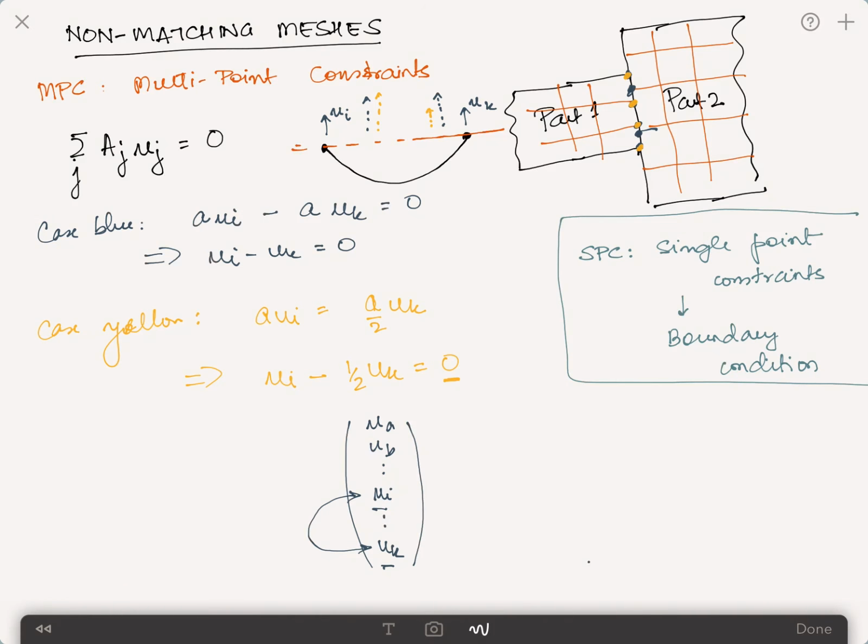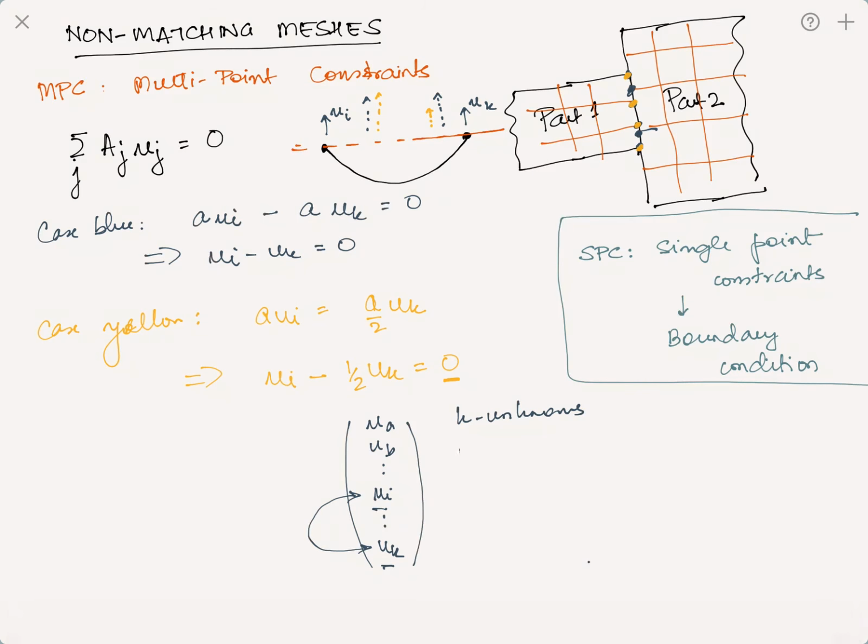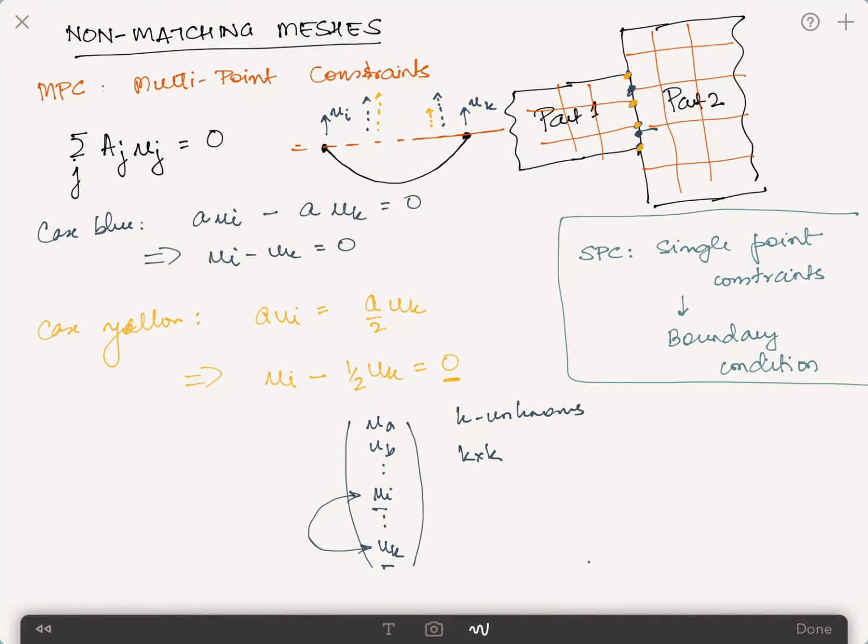But always remember that if I started with a system which had k unknowns, then I also have a stiffness matrix which is k by k. And I also have a force vector of size k by 1. Right? So this is the stiffness matrix, and this is the load vector.